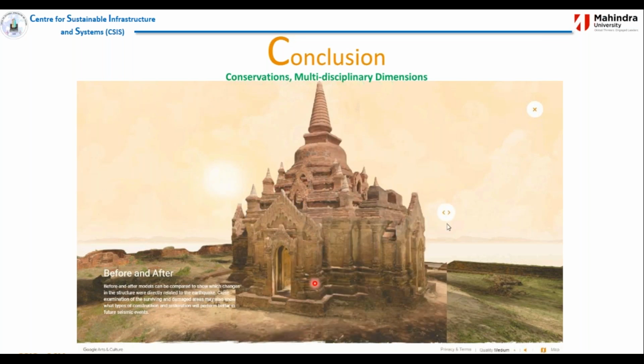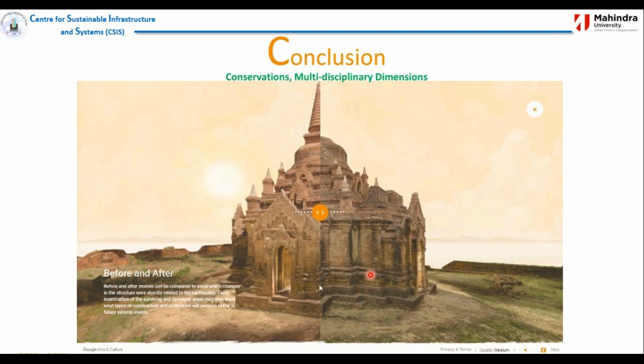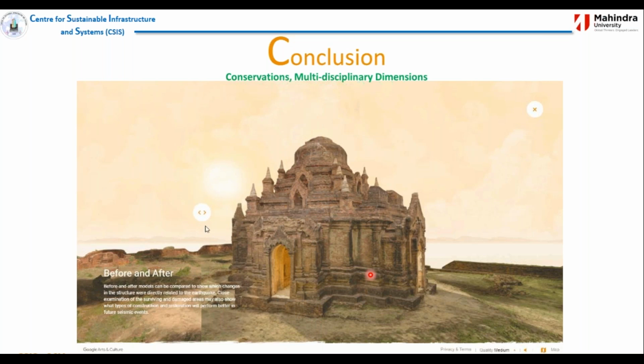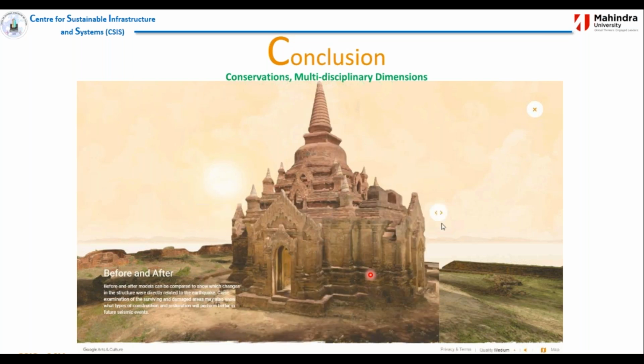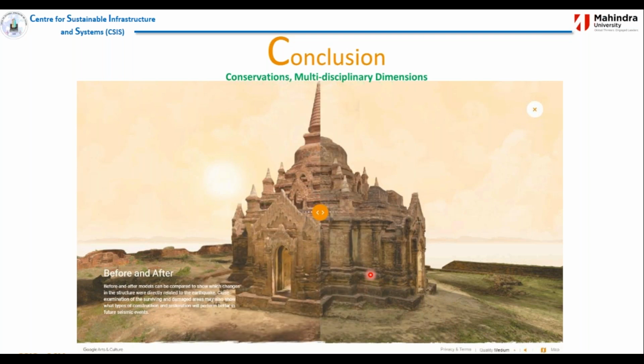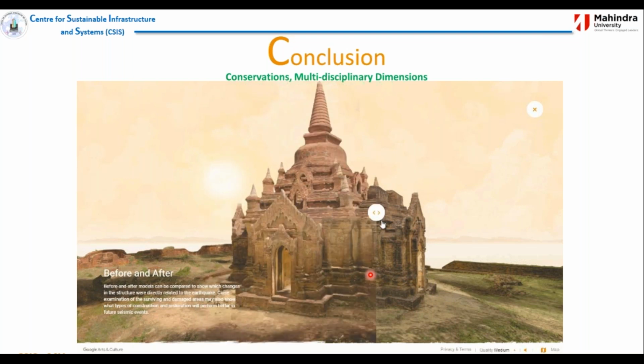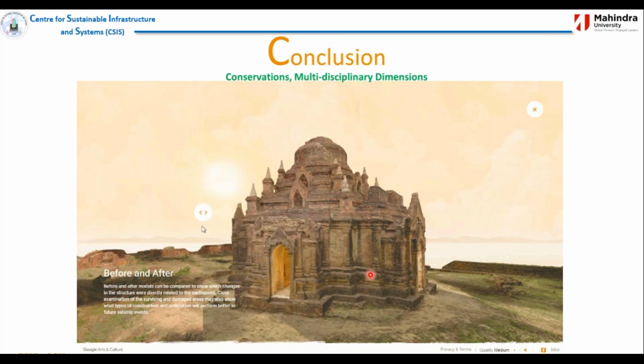This is the digitization of structures where we take thousands of images and we don't model anything, but we rebuild all this with the live images so that you actually feel the live site. And you can zoom in and zoom out of these structures and see how they were, what kinds of carvings were there, what kinds of paintings were there, what the fineness of the finishing was. Everything can be seen. This is how we are going, and we are really working on it.